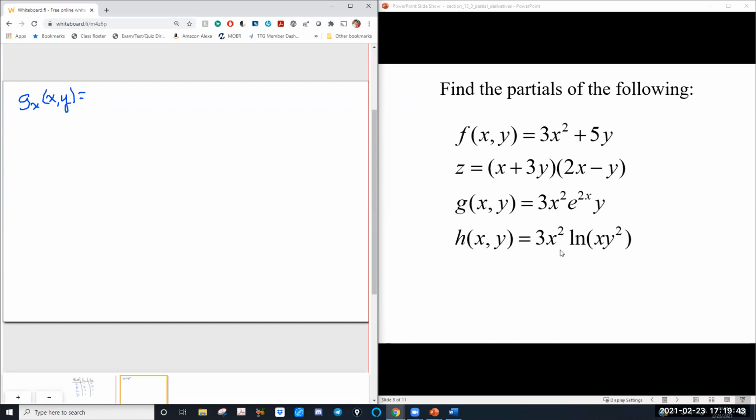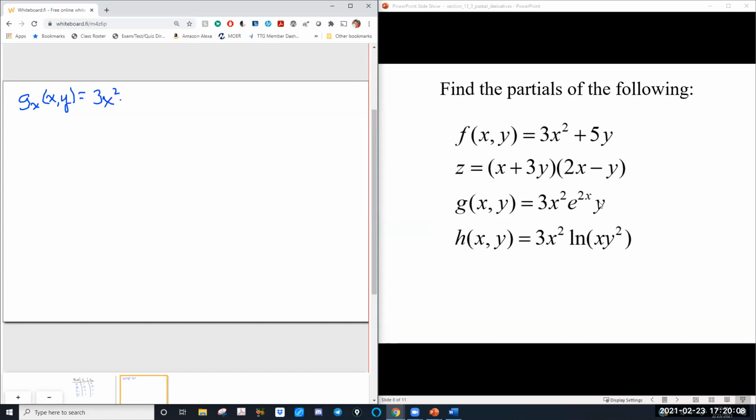So I'm taking the derivative with respect to x, and notice I've got a product, so this is going to be a product rule. I'm going to leave the 3x squared alone times, oh, yep, I did mean to do g, sorry.